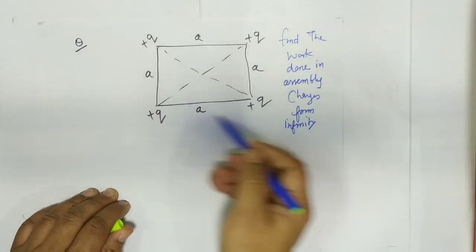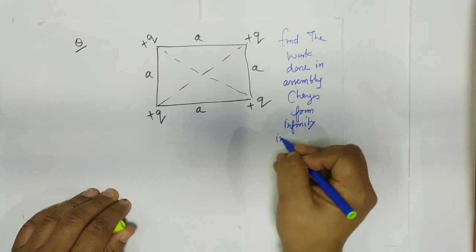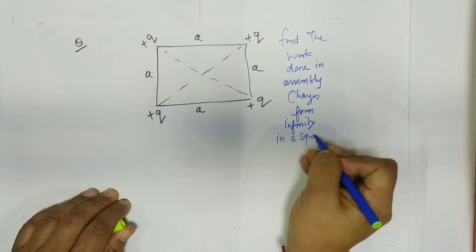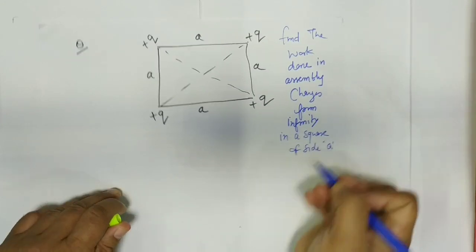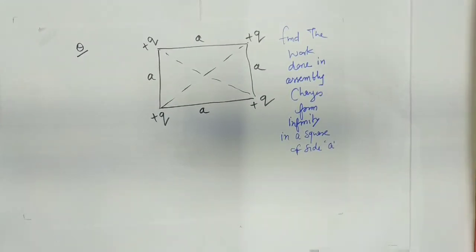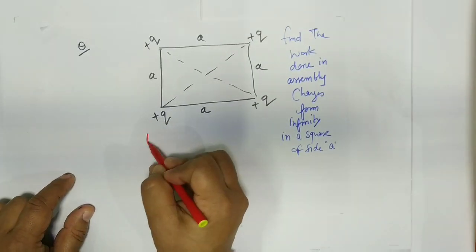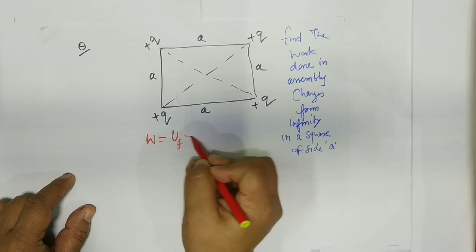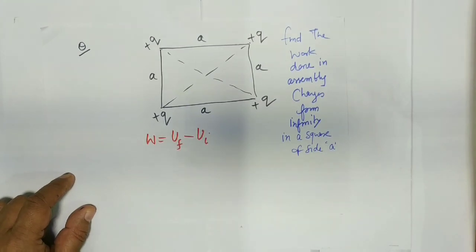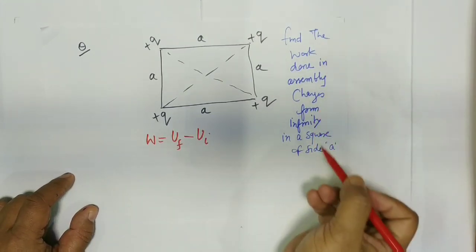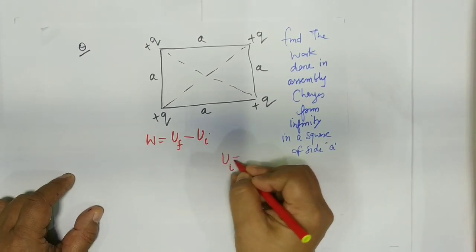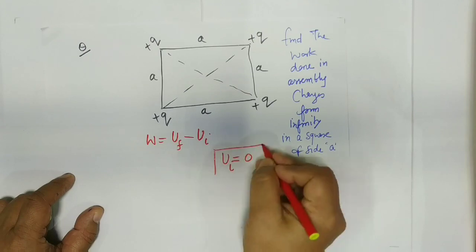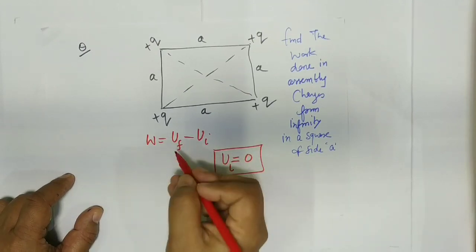Now you have assembled them in a square of side A. That means that work done will be final potential energy minus initial. So work done in assembling charges from infinity. Infinity is U initial. U initial will be zero. Okay. So you have to calculate U final.